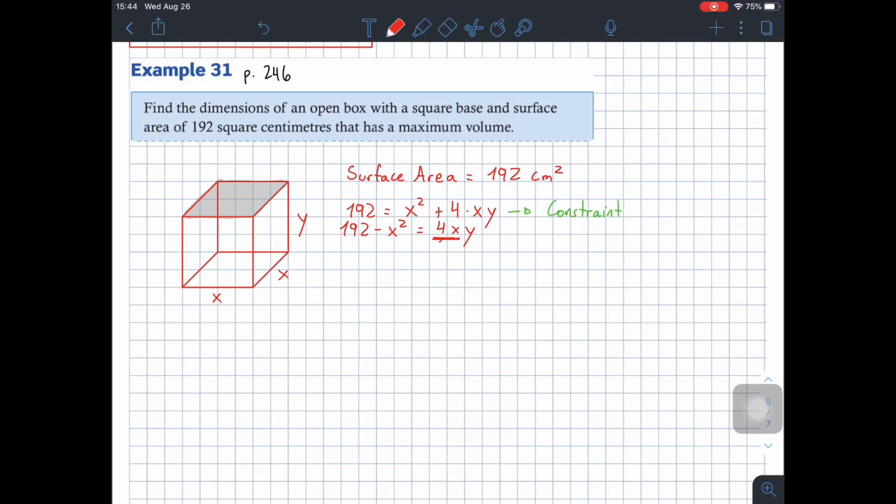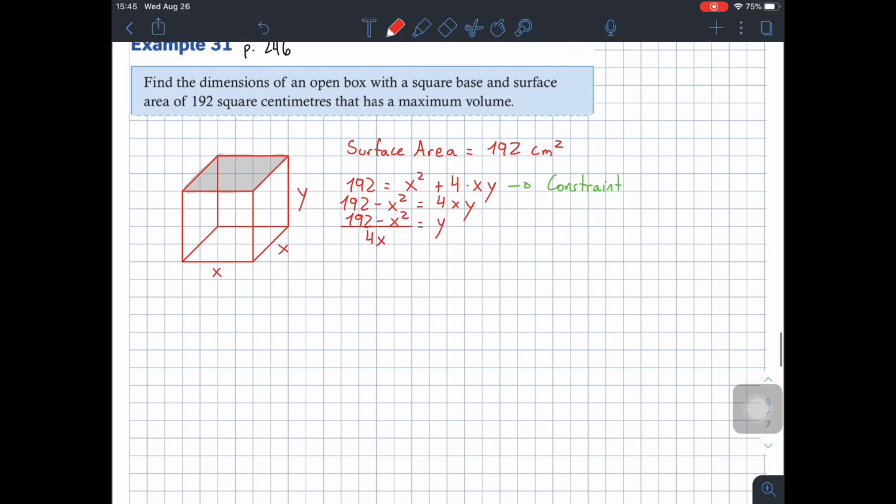So if I take this 4x dividing to the other side, we get that 192 minus x squared, all of this divided by 4x, is equal to y. Okay, so there we have our constraint, which is in terms of x already.